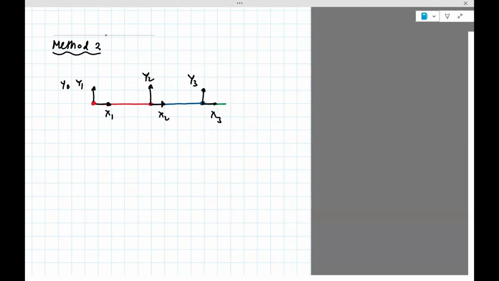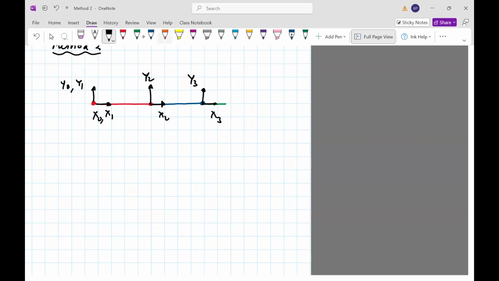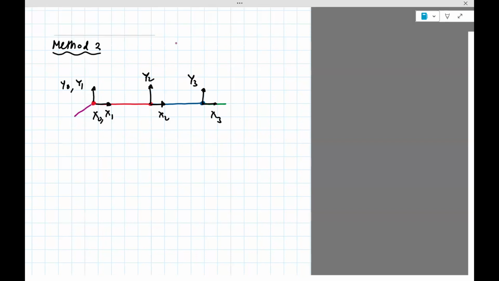So I'm just going to write y0, comma, x0, x1. And then note that the z axis sticks out of the plane. So z is going to be this way. This is going to be z0 or z1. This will be z2, z3.